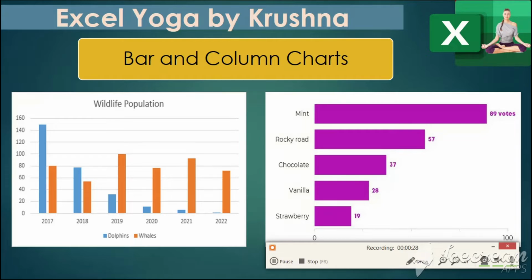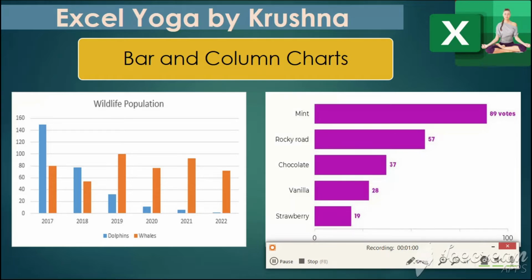It is commonly used for comparing numerical data across categories like total wildlife population by decades, or you can say total wildlife population by country. And a little tip while doing this column and bar chart, you can use stacked and clustered bars to compare multiple metrics. So this is an example of bar and column charts.